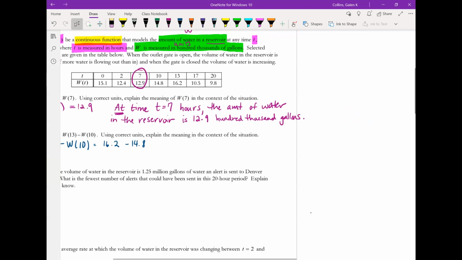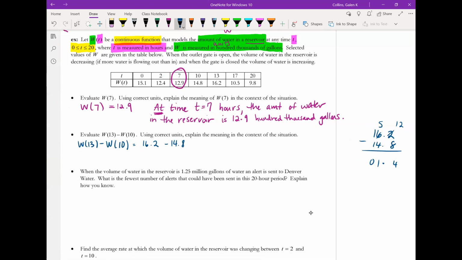And I should be able to do that without a calculator. I think I've told you by now that I'm pretty bad at subtracting in my head, so I'm going to actually do this out to the side. So we get, what, a 4 there. 12 minus 8 is 4. All right, so we get 1.4. So w of 13 minus w of 10 is 1.4.